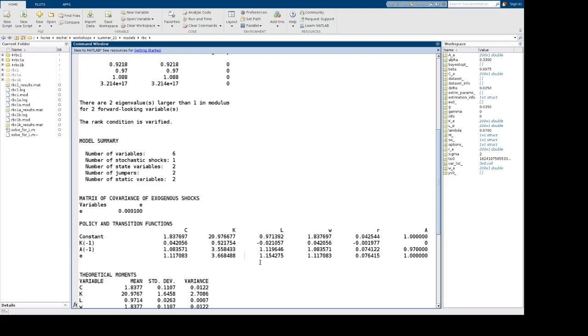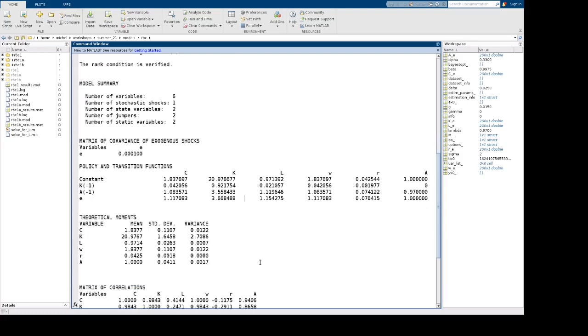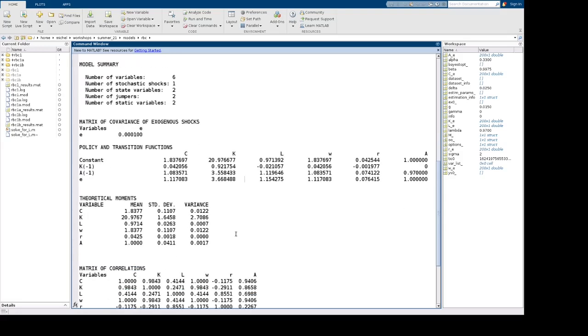Then on the basis of this result, Dynare computes the theoretical moments, using exact formulas. It gives you the mean that is at first order identical to the steady state, and it computes the variance and the standard deviation of those variables.